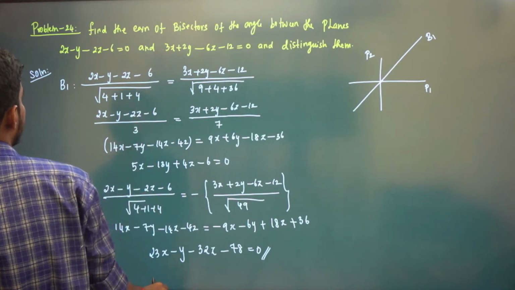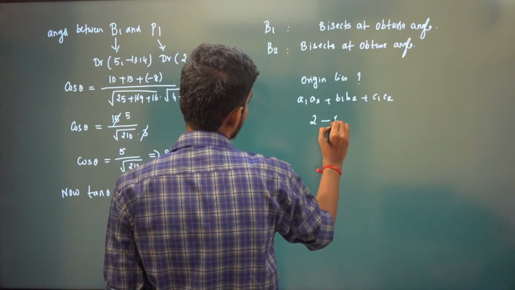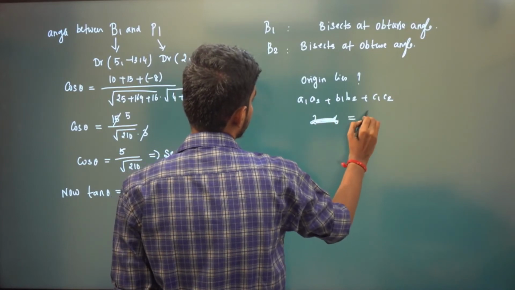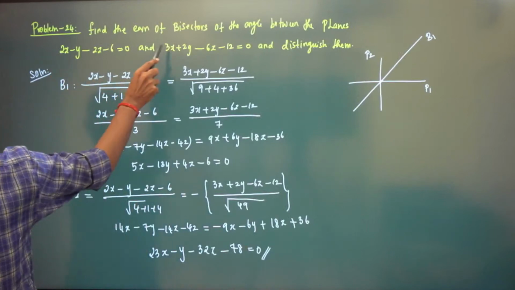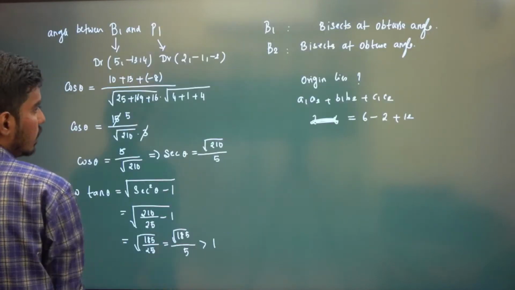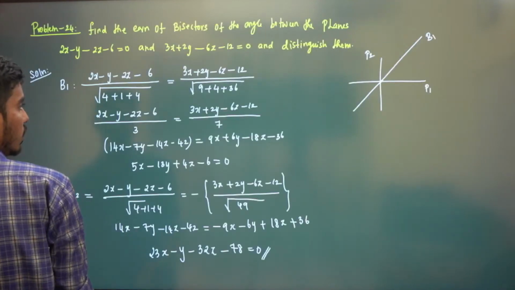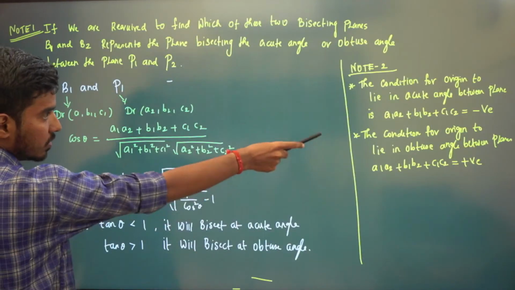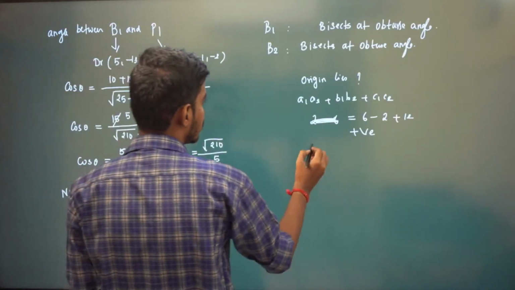So 6 minus 2 plus 12, which is positive. That means if A1 A2 plus B1 B2 plus C1 C2 is positive, origin lies in obtuse angle.